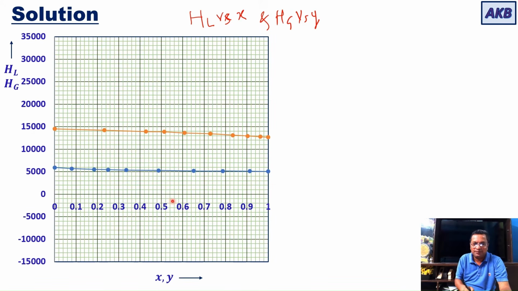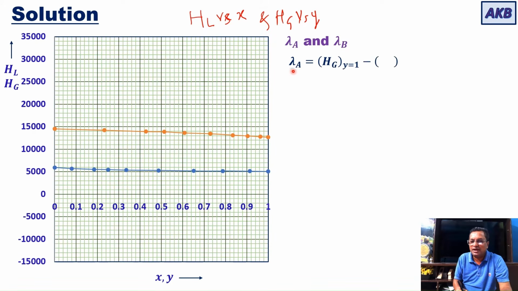So in this way, you have to plot the enthalpy concentration diagram, HL versus X and HG versus Y, to get this graph. Now from this graph, you can get the molar latent heats of vaporization of A and B. Let us learn how you can do that.